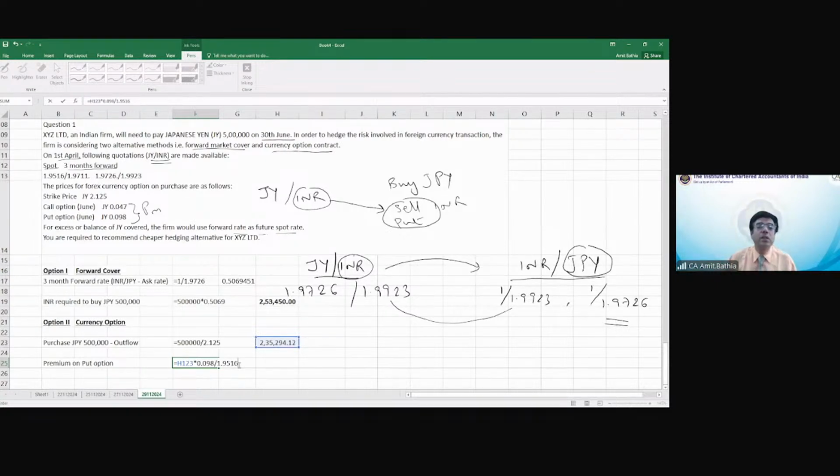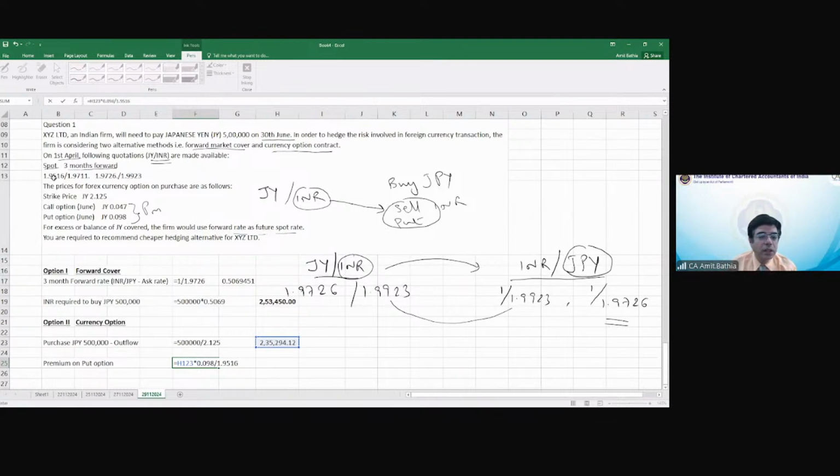At 1.9516. Why is that so? Because I have Japanese yen which I need to sell. Am I right? Or in other words, INR is what I am converting it into. So I am buying INR, selling Japanese yen. Are you with me?